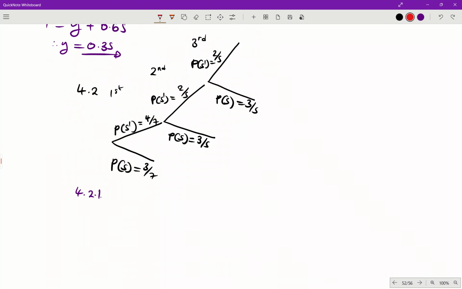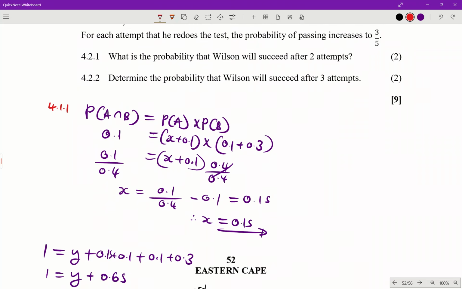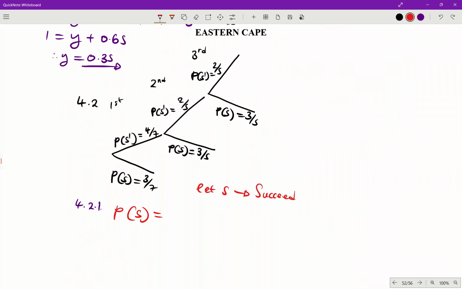So you're just going to say, okay, the probability of success is going to be what? Let us say succeed here. Let's stick to succeed.